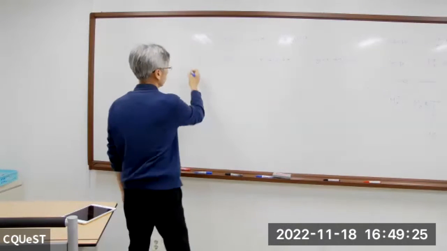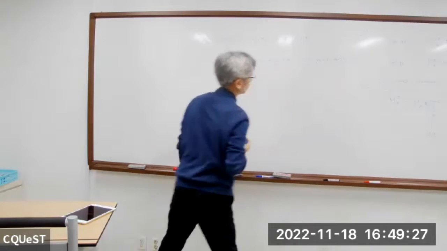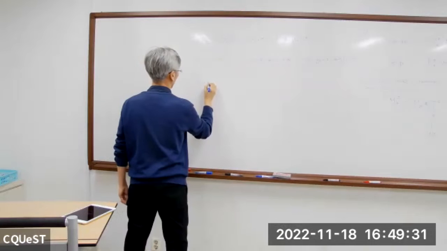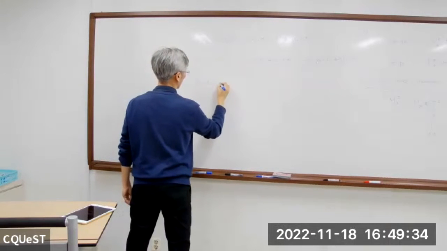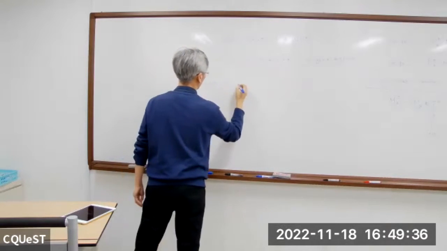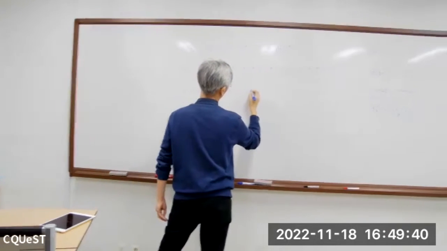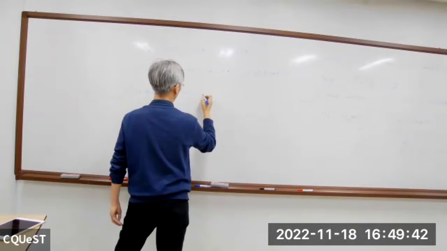So in this way, what we get is essentially GL(2,R) times U(N) as the global symmetry.